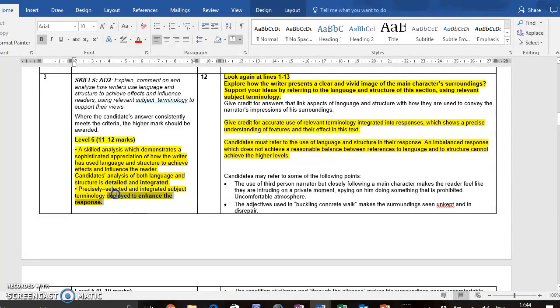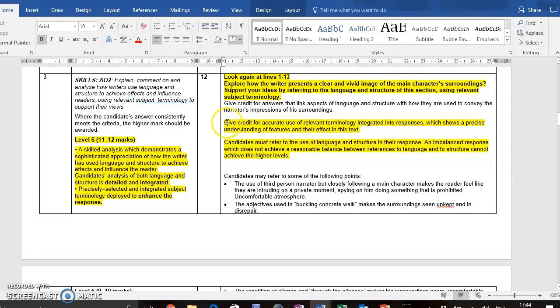So in other words, be judgmental, be evaluative. The writer uses the simile to effectively show this description. They use this adjective to increase the tension. Be very evaluative in how this terminology is used in this piece of creative writing.